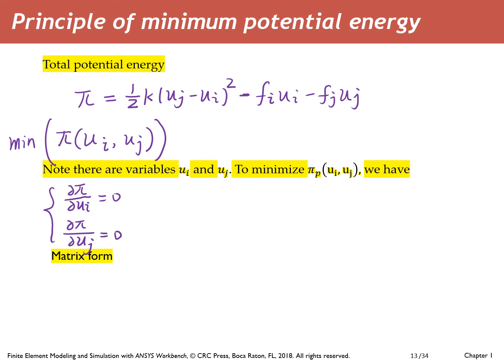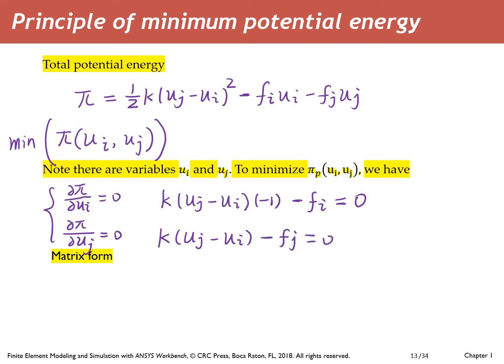For the first derivative equal to 0, we get an equation that is k times uj minus ui, times minus 1, because that's the coefficient of ui in the first term, and then minus Fi, which is the derivative with respect to ui. Fj uj disappears because it's not a function of ui. Similarly, for the second derivative, we get k times uj minus ui, minus Fj equals 0.